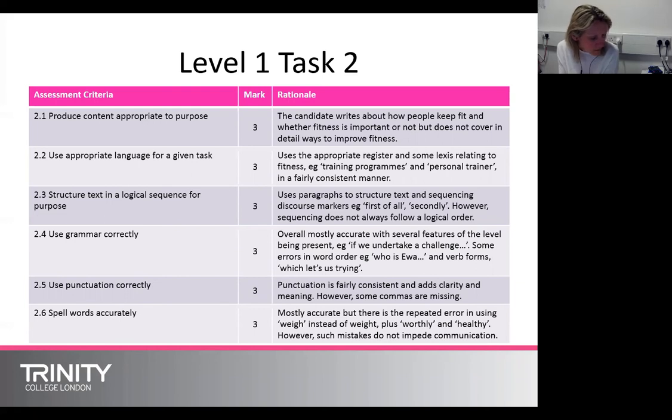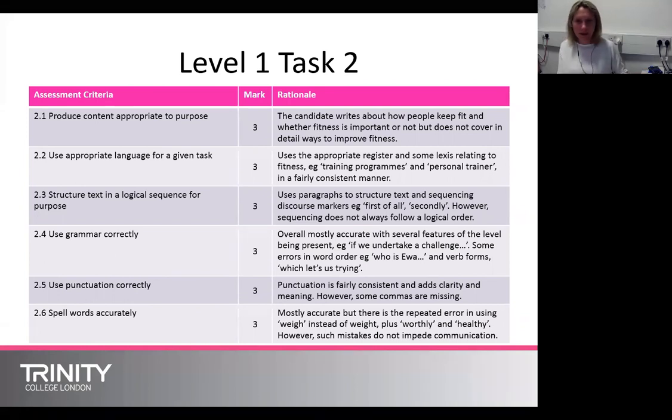It also asks for using sentence grammar accurately. So there is a whole range of grammatical items that are expected at level 1, and all of those can be found in the specification on page 25 for level 1. It includes things like simple, compound, complex sentences, noun phrases, verb forms, so a range of tenses, a range of modals, adjectives, collocation of adjectives, and so on.